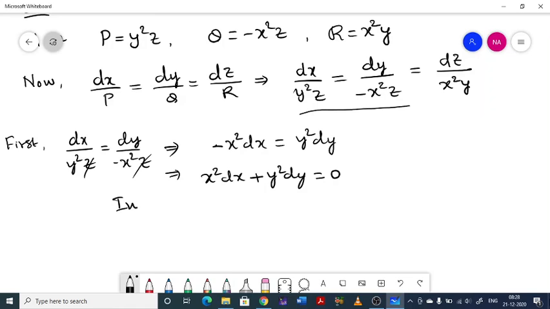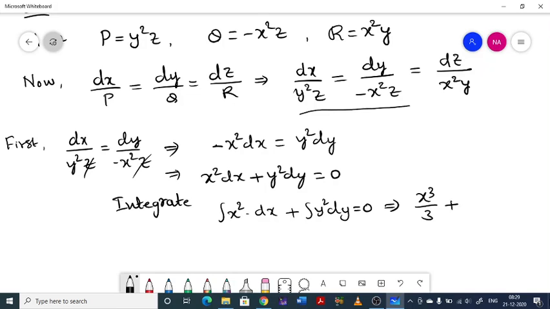Integrating this you'll get integral x square dx plus integral y square dy equal to 0. That implies if you integrate x square you get x cube by 3 plus y cube by 3 equal to constant c1.